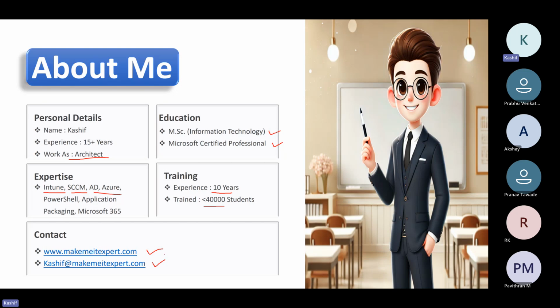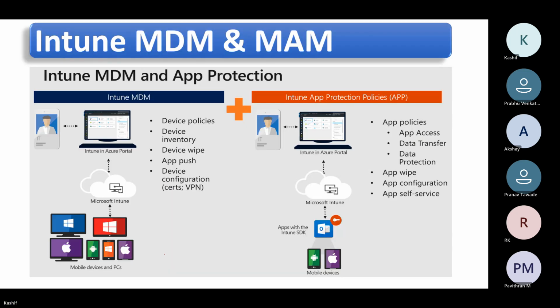Now I'm going to take you to the next slide, which talks about Microsoft Intune. Okay, so what is Microsoft Intune? It's a Microsoft product. Now, this product came to the market in the year 2010. So Microsoft released this product in the year 2010.